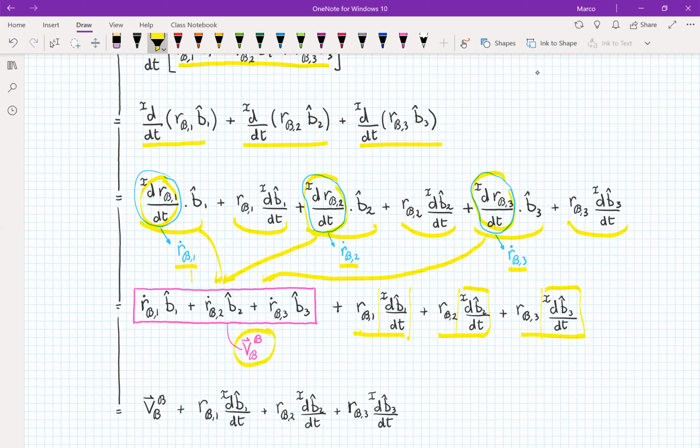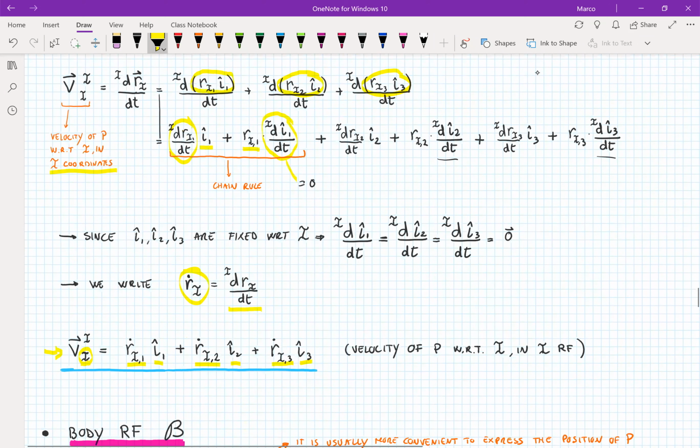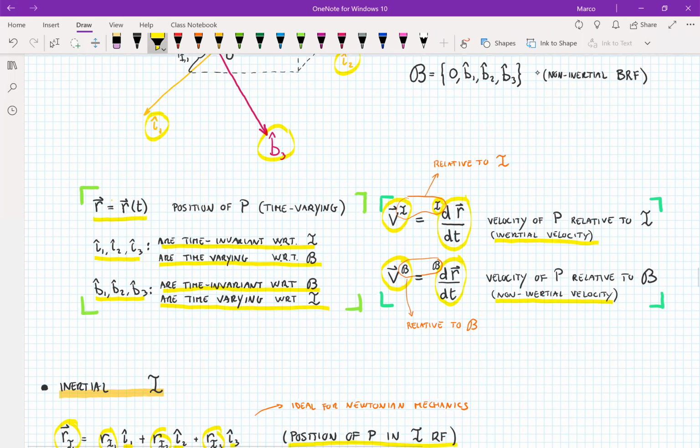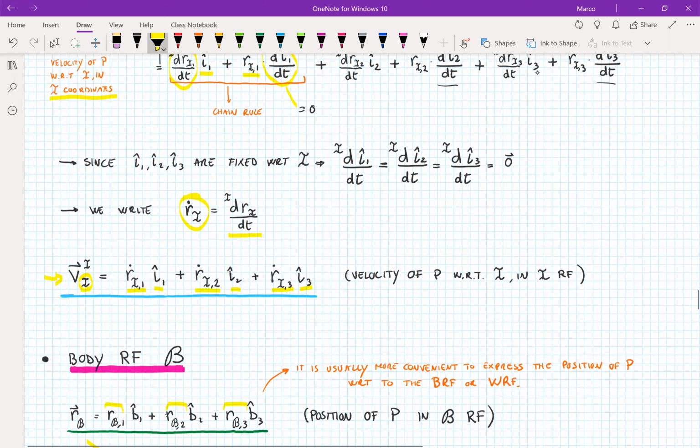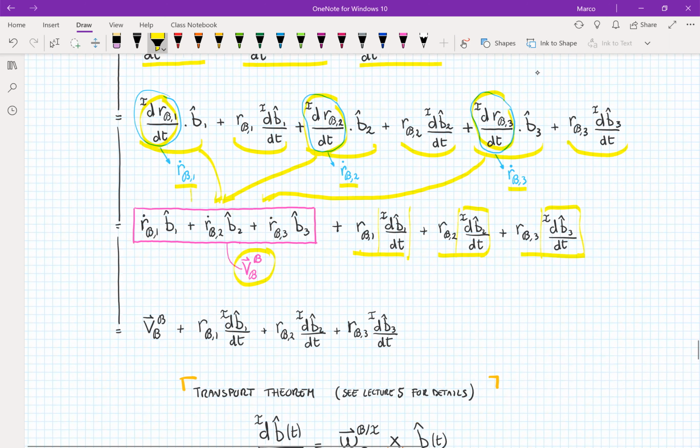So they do change. Remember that I told you that b1, b2, and b3 are time varying in the inertial frame of reference. So these 3 derivatives are not 0.